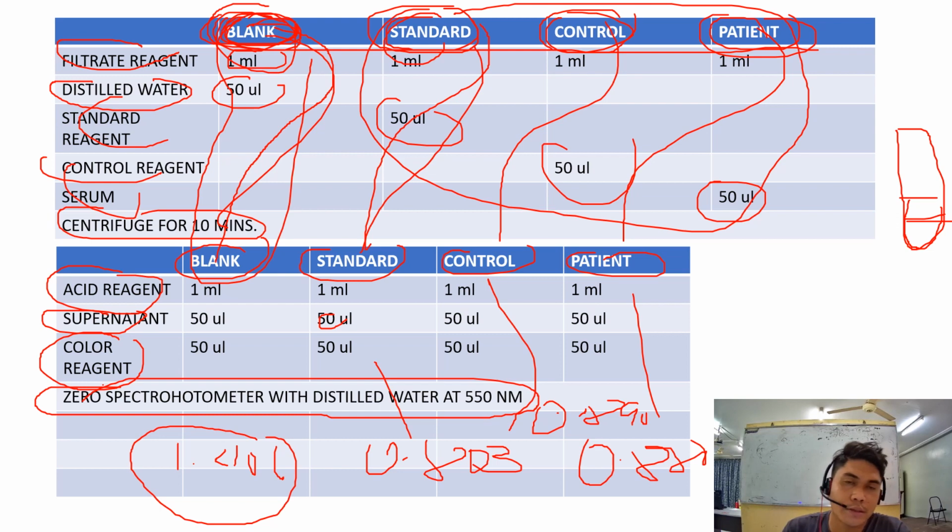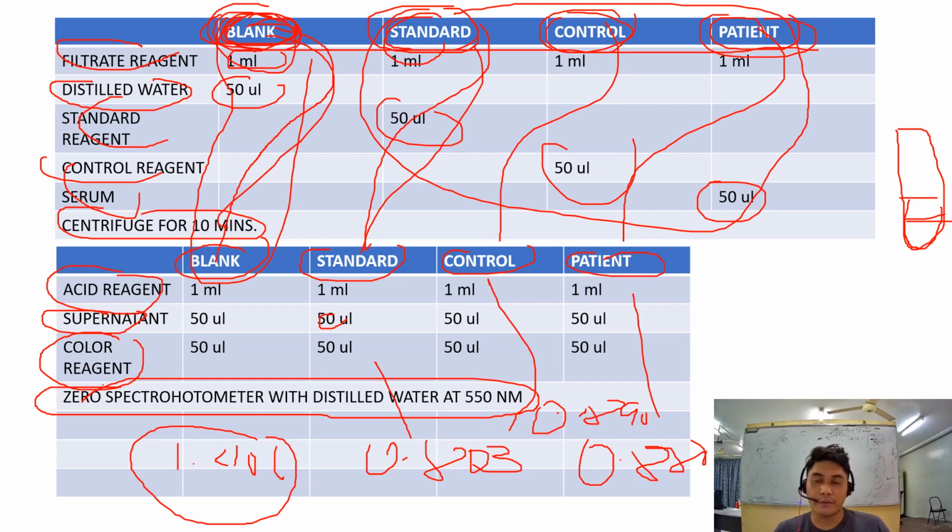That's the reason why the blank tube has a higher absorbance reading: there is no sodium concentration, so there is a high concentration of uranium in your blank tube.